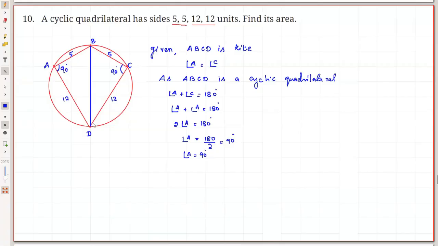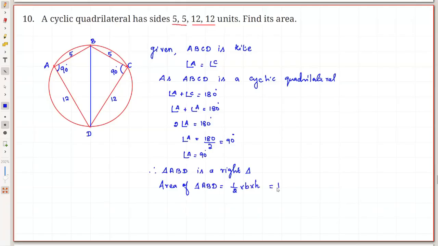Now this is 90 degrees and this is also 90 degrees. I can say ABD is a right angle triangle, or right triangle. If it's a right triangle, the area of the triangle is half base into height. Area of triangle ABD is equal to half into base into height.